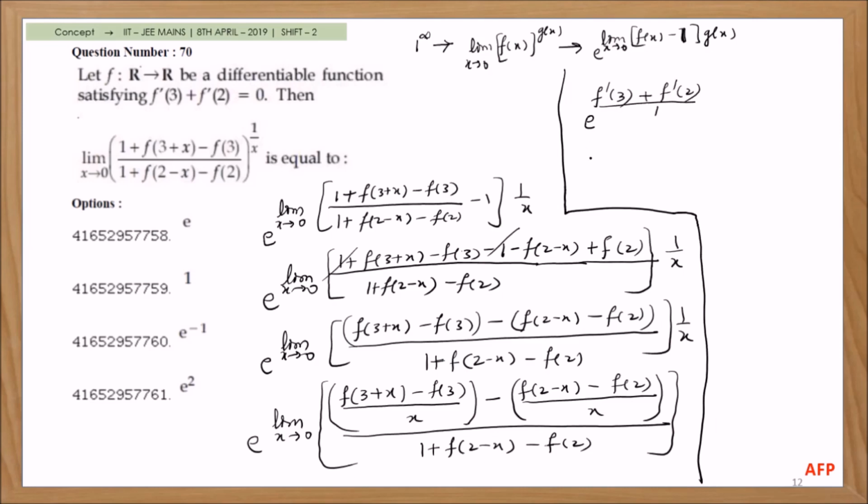So how did you get this? We'll write it here. What is f dash of x? f dash of x is nothing but the limit of f of x plus h minus f of x divided by h as h tends to 0. So now we will replace it by 3 plus h minus 3 divided by h, h tends to 0.